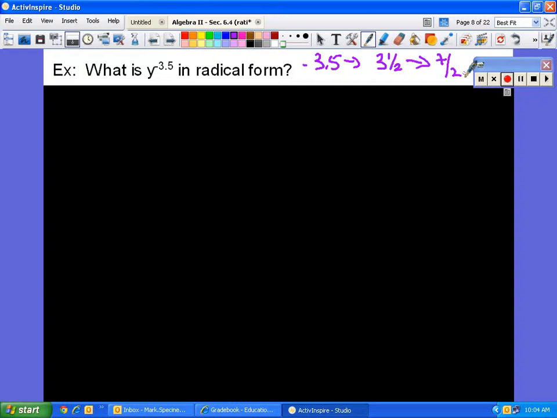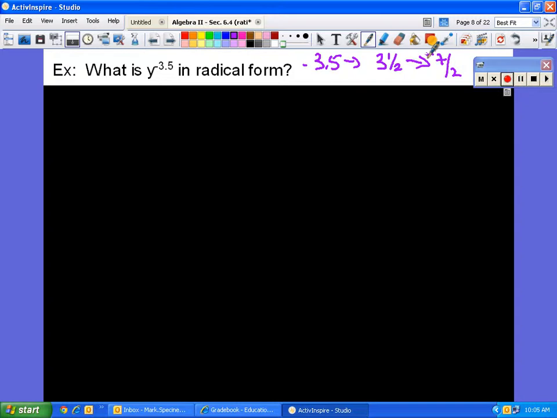For converting from a decimal to a fraction, I don't need the negative sign. Once I convert it to the fraction, put the negative sign back in.